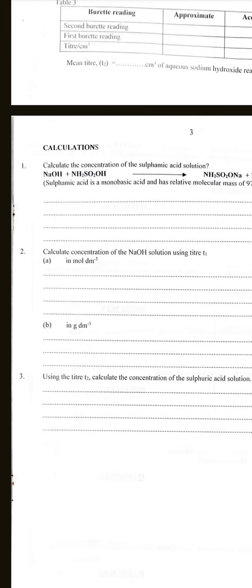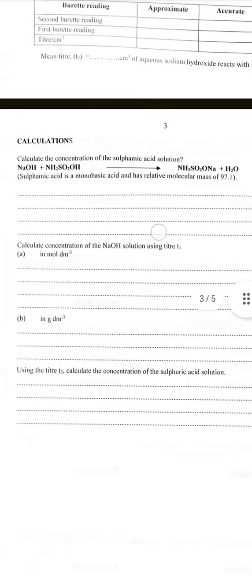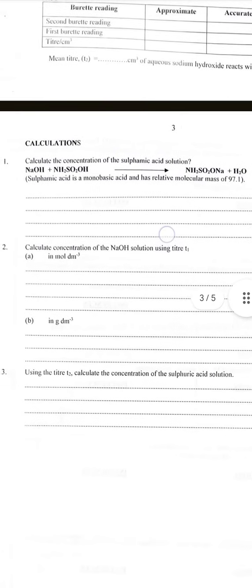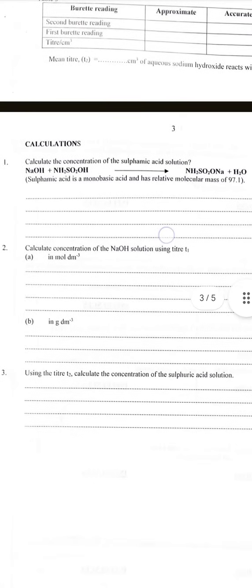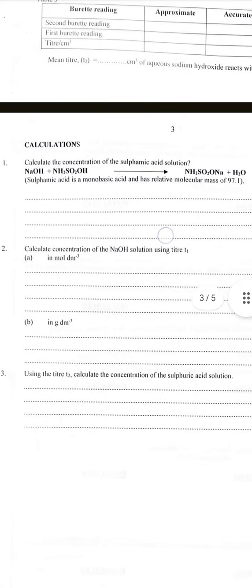The moles is the mass over the molar mass, and the mass is what you measured, and the molar mass has been given. The volume is 250 cm cube, the total volume of the sulfamic acid. So the volume in dm cube will be 250 over 1000, which is 1 divided by 4, 0.25.